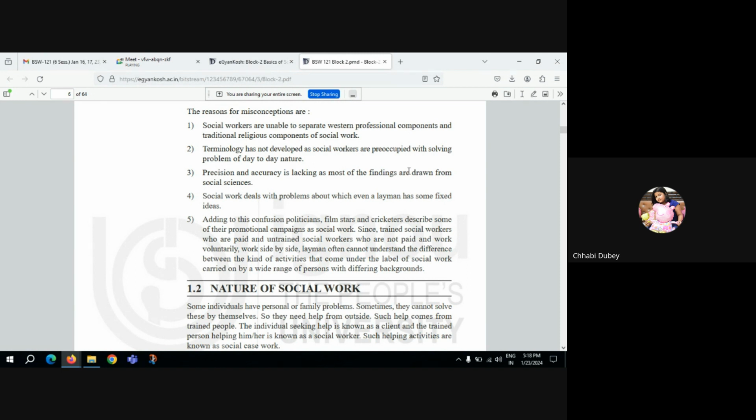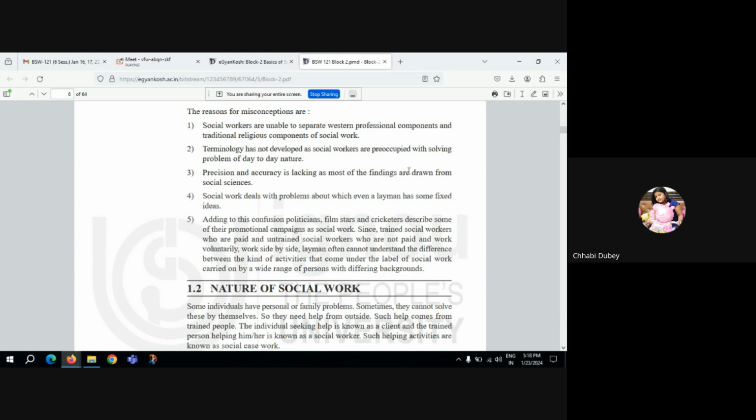And most of these problems, generally people have some ideas about them. And a lot of times, people like politicians, film stars, and sports persons also have their promotional campaigns and they call that social work. But that is definitely not social work.